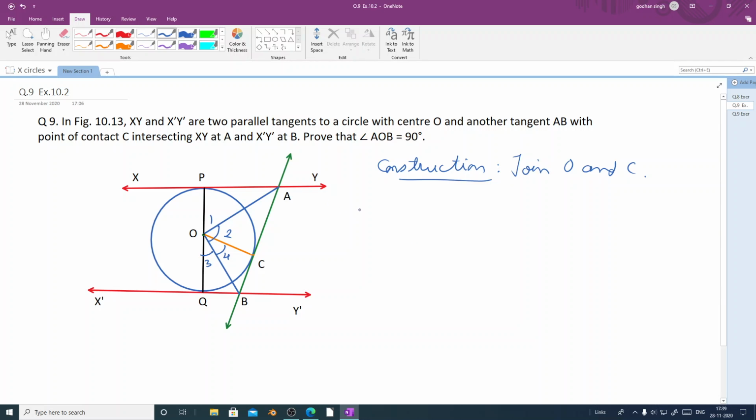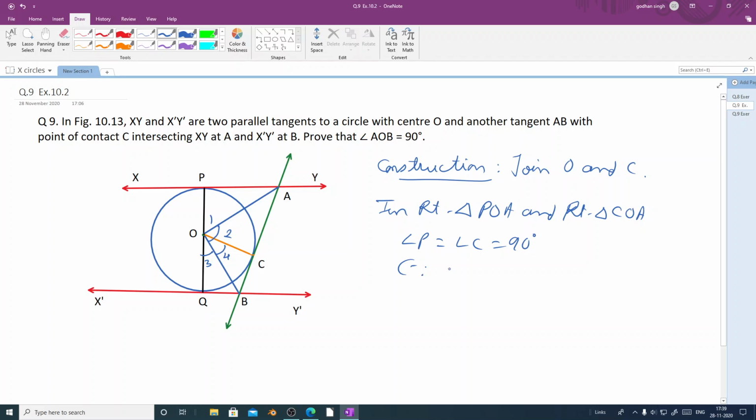So now let's start the proof. In right triangle POA and right triangle COA, we have angle P equal to angle C equal to 90 degrees. Why is it 90 degrees?